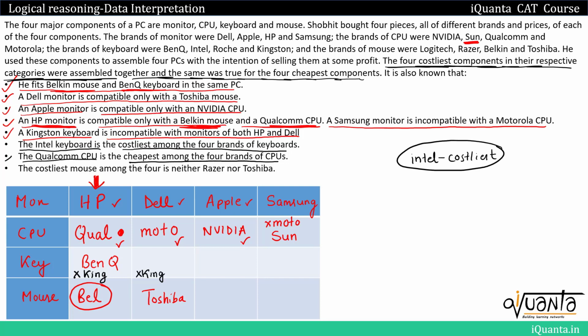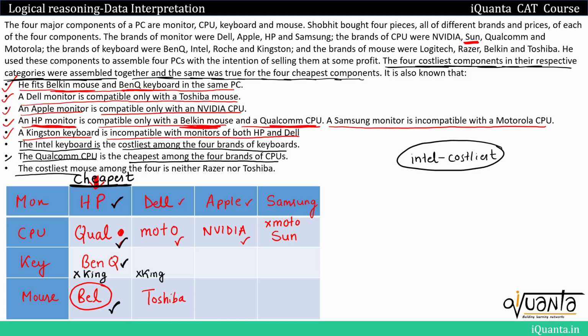So if Qualcomm is the cheapest brand of CPU, then that means this HP PC will be the cheapest over here. So HP is the cheapest monitor, Qualcomm is the cheapest CPU, BenQ is the cheapest keyboard and Belkin is the cheapest mouse. I hope this is clear to you.